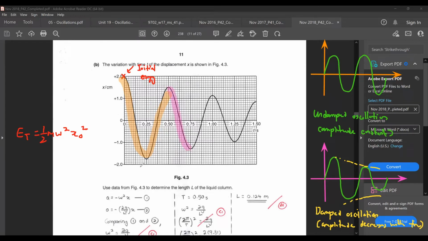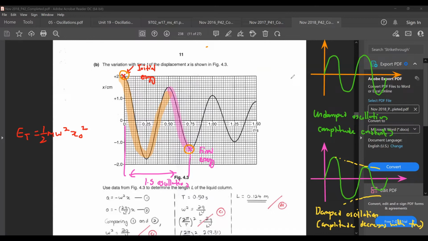This is 1.5 oscillations later. So this is your final energy. Okay. They want you to take the ratio of your final energy after 1.5 oscillations to your initial energy.